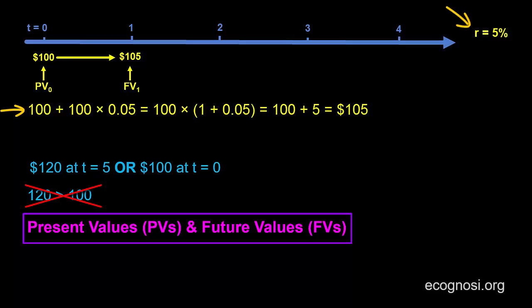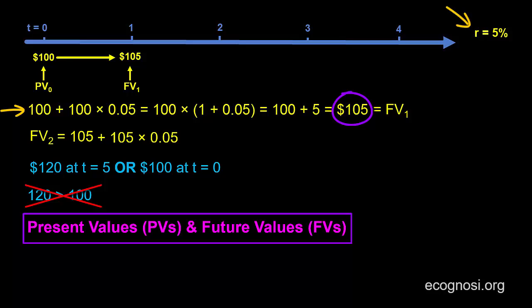Now if we want to calculate the future value at t equals 2, how would we do it? We just have to grow this 105, which is the ending amount in year 1 and thus equals the future value in year 1, by the amount of the interest. So the future value in 2 years' time, notice that I'm using an analogous notation to before, is equal to 105 plus 105 times 5% or 0.05 expressed as a decimal.